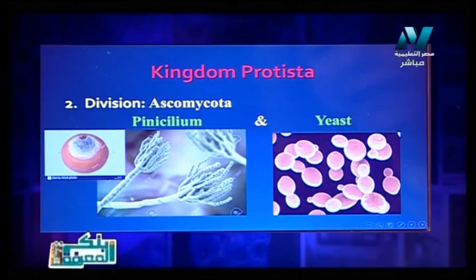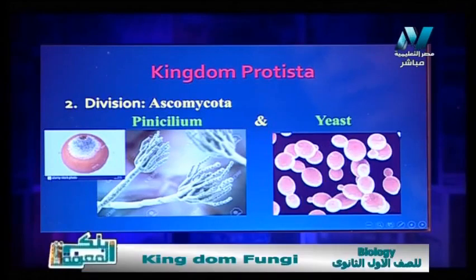And you can notice that the mycelium here in penicillium is divided into segments. So they have septa. The septum is that wall that divides the 2 cells or separates between 2 cells. This is not present in the bread mold. So some of these fungi or some of the mycelia have septa, or are septate, and others are not septate.